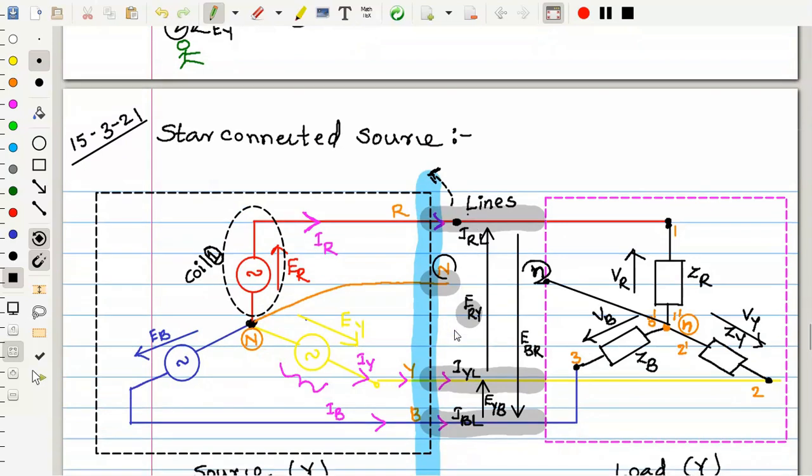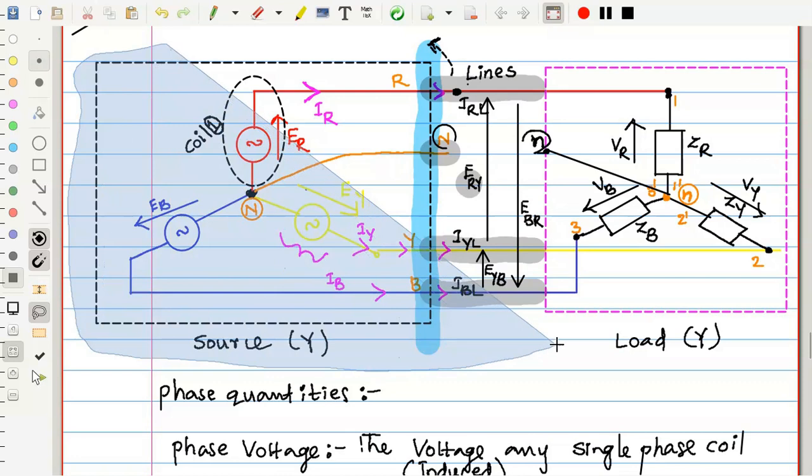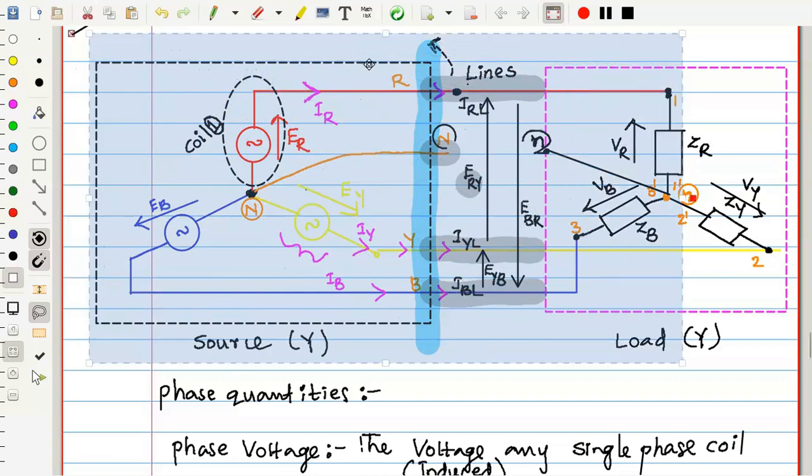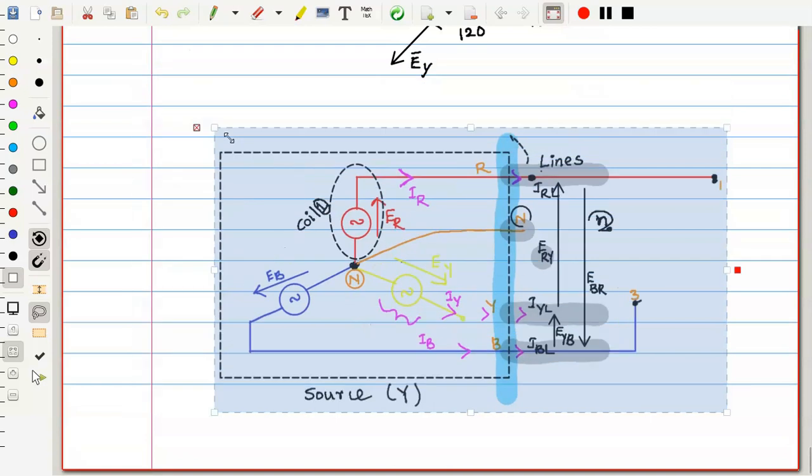For that, let me take up this diagram, because with the diagram you can understand better. So here, let me put up the things.